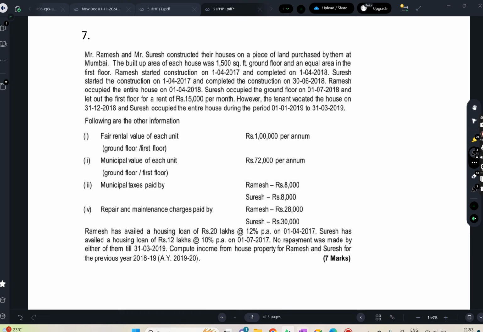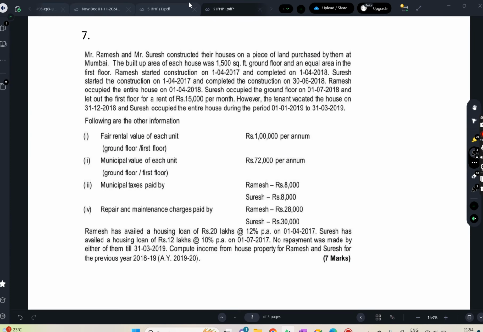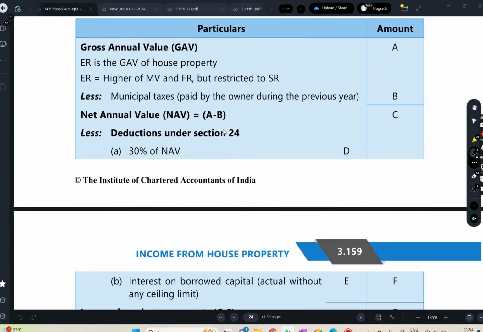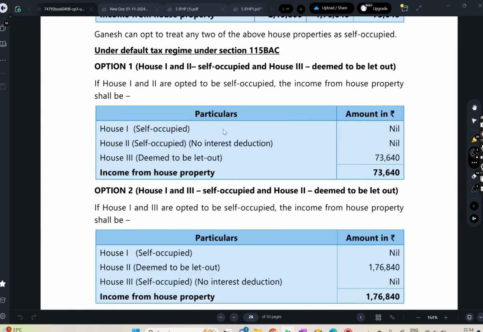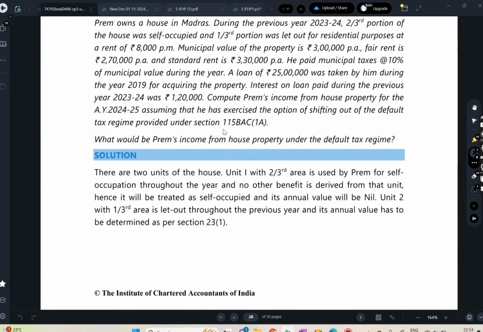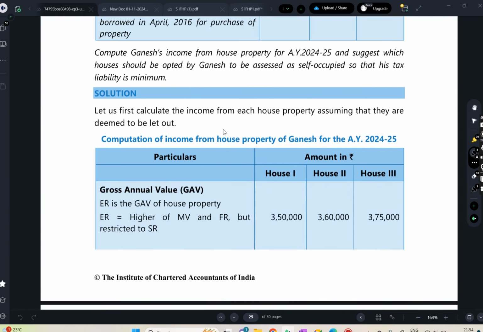But let's do one more basic question also here. Okay, this will be a little bit long, so I'm going to explain from the book itself.